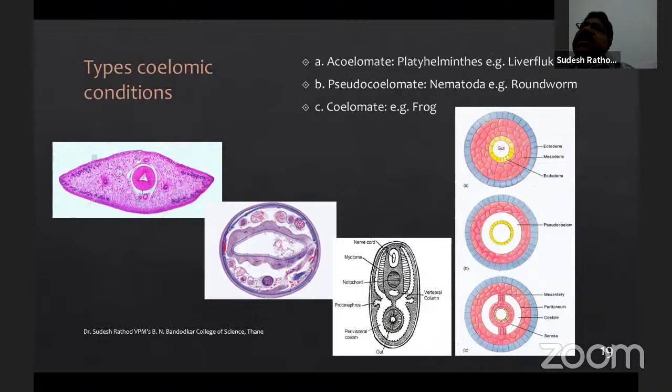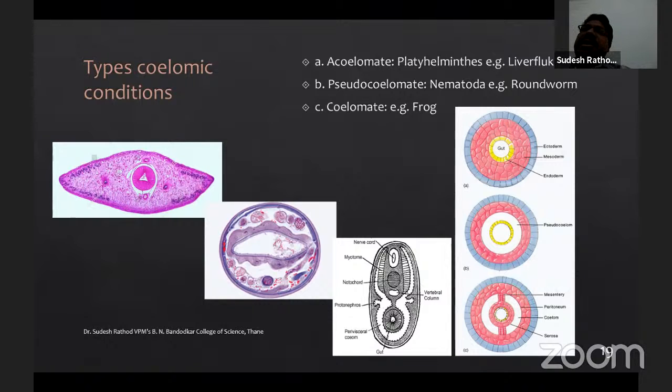Second figure would refer to pseudocoelomate organism. Why? Because this coelom in this animal, these are the example of roundworms, ascaris, for example. So ascaris do not show true coelom because coelom is not formed by mesoderm on either side. If you see true coelom on right hand side figure, true coelom is lined externally and internally by mesodermal layer.